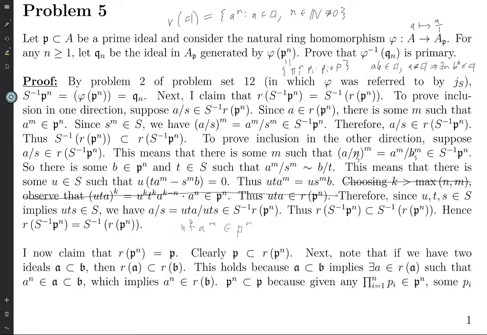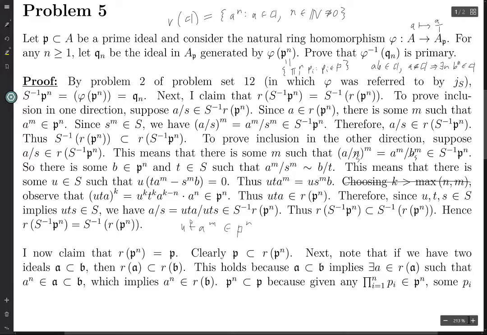I want UTA to be in the radical of p to the n. Okay. So what if we take UTA and raise it to the power of m? Okay, yeah, this is what we did when I was going through this.